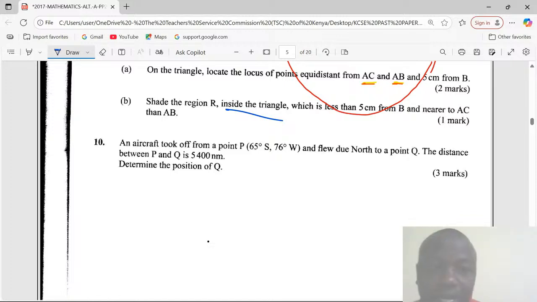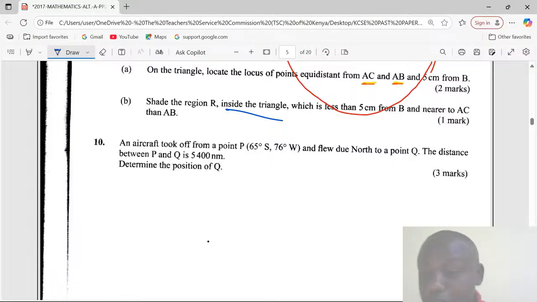We continue learning. Number 10, a very interesting question on longitudes and latitudes. An aircraft took off from a point P, 65 in the south, 76 in the west, and flew due north to a point Q. The distance between P and Q is 5400 nautical miles.